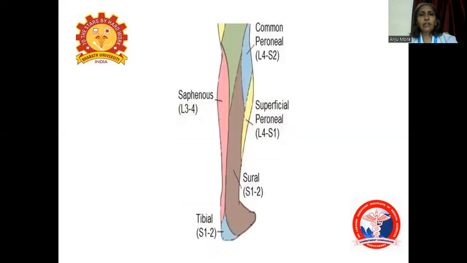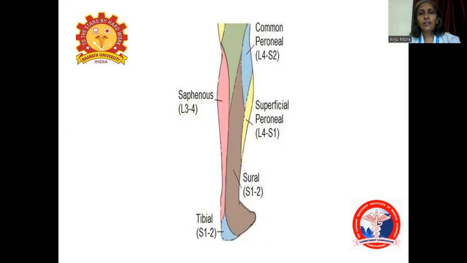The next diagram here shows the root value of each of the cutaneous nerves. The common peroneal nerve has root value L4 to S1. Saphenous nerve has root value of L3 and L4. Superficial peroneal nerve L4, L5 and S1. Sural nerve S1, S2, and the medial calcaneal branch of tibial nerve also S1 and S2.